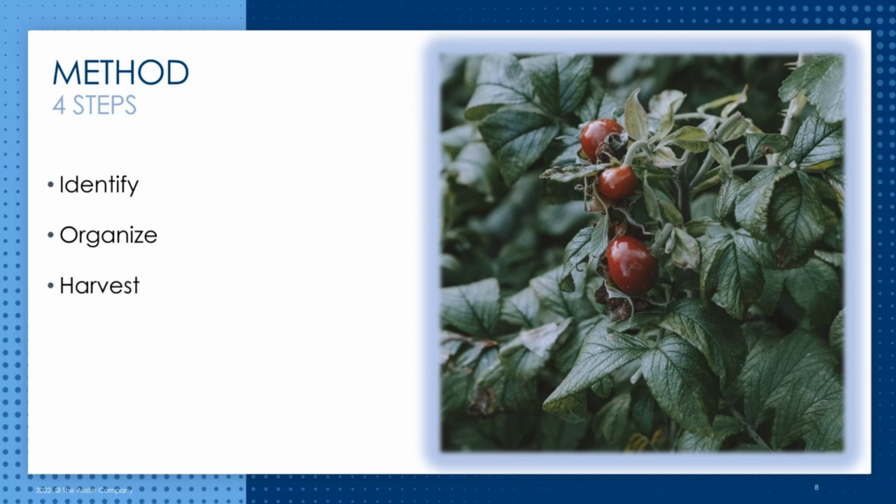Third, a system of tools must be put into place to harvest the data from the BIM model. Finally, the crop of information must be studied and interpreted by the design build team. Let's dive deeper into each step.